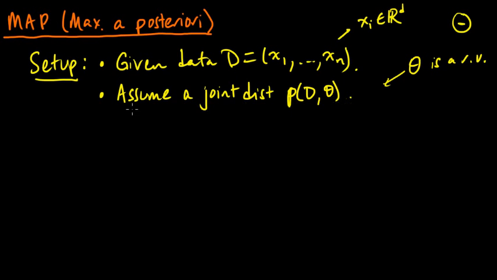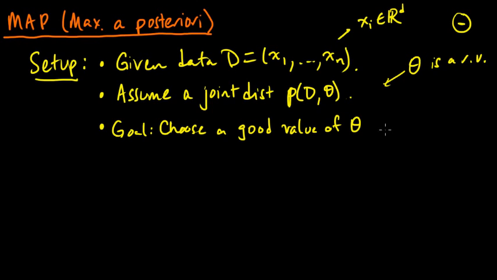So we assume this joint distribution, and our goal in finding a MAP estimate is to choose some value of theta. So we want to choose a good, in some sense, value of theta for D. Something which is good for our data, something which we think the data may come from.